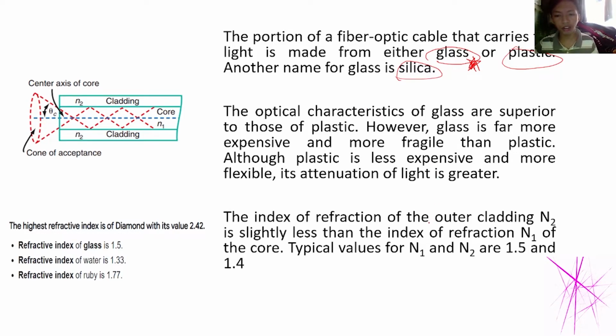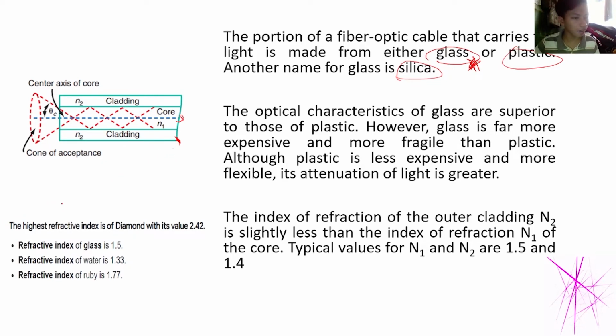Also, the index of refraction of the outer cladding, N2, we're specifically pointing at this one. Cladding N2 is slightly less than the index of refraction N1 of the core. Typical values for N1 and N2 are 1.5 and 1.4. So as you can see, N1 has a larger index of refraction, this one, and this one has a lower one.